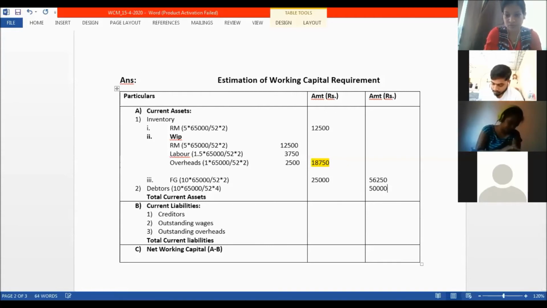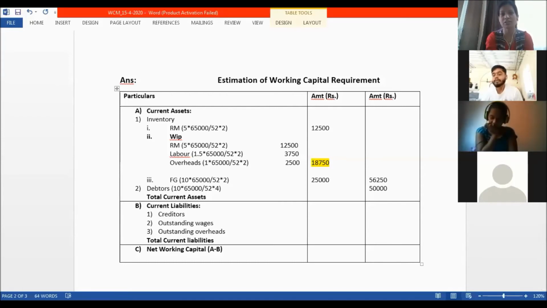Okay, so there are no other elements, only inventory and the debtors you have. In this case, they haven't given you any cash or bank balance to be maintained. If it is given, in addition to all these expenses, if we require some amount of cash to be maintained, then we add it, right?